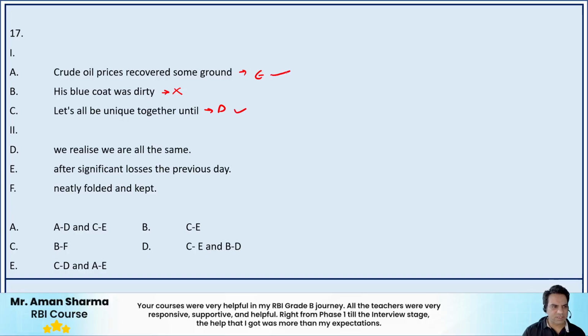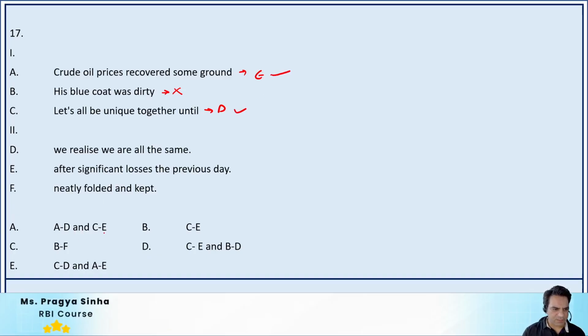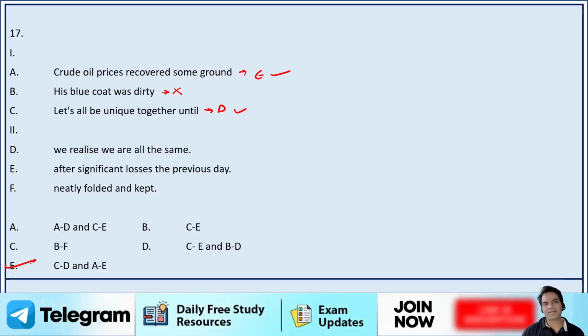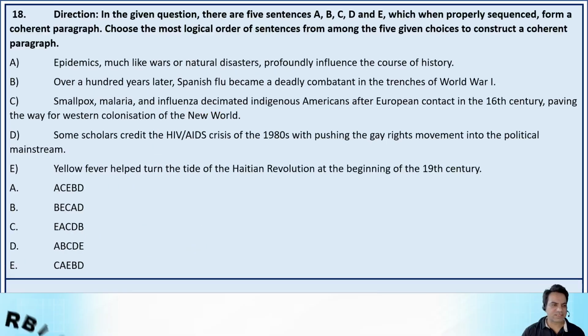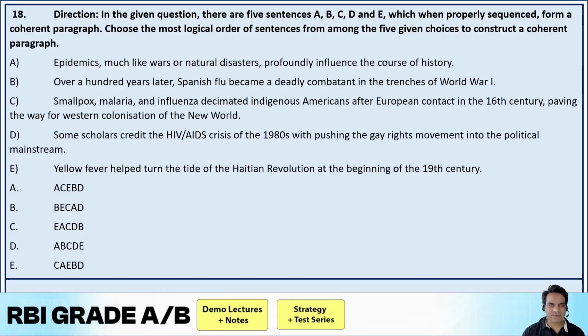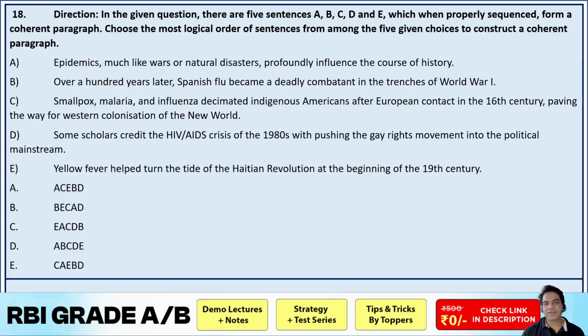So A with E and C with D. Yes, option E is your correct answer, guys. So that's how you solve these match the column based questions, guys. All right, now we move into the next question. What we have to do, we are given 5 sentences, we have to find the right rearrangement of sentences.